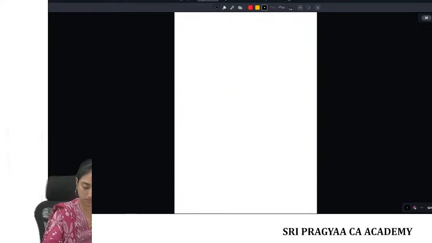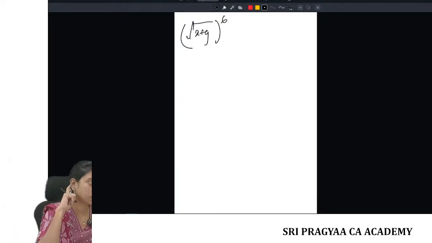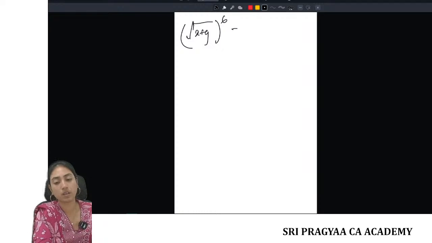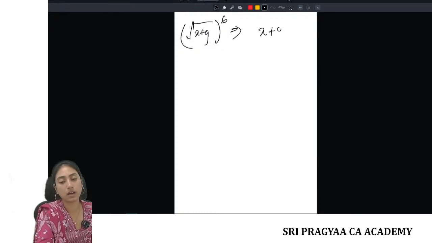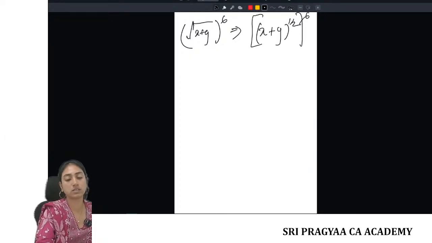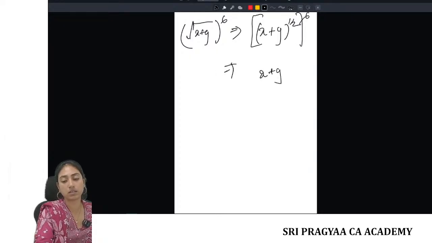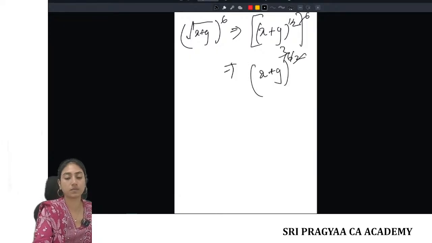Next term is root x plus y raised to the power of 6, correct? So 1 by 2 into 6 gives 6 by 2, which is 3. This is the third term.